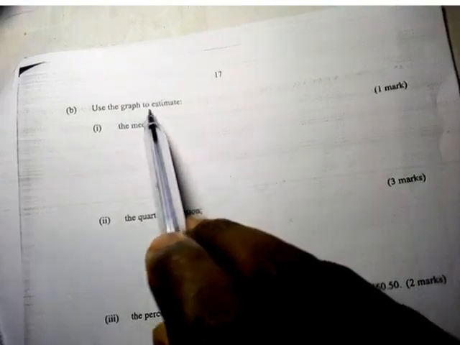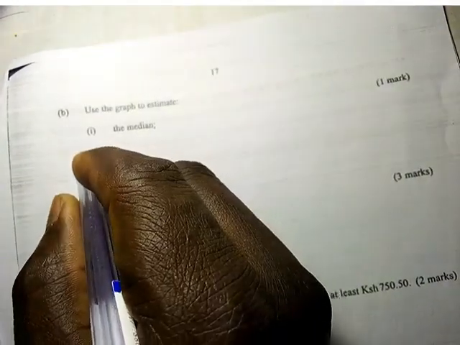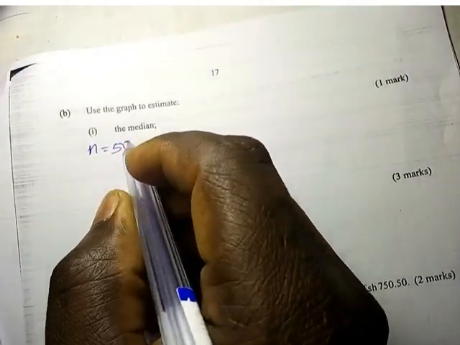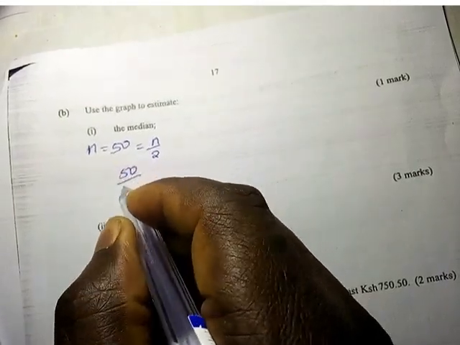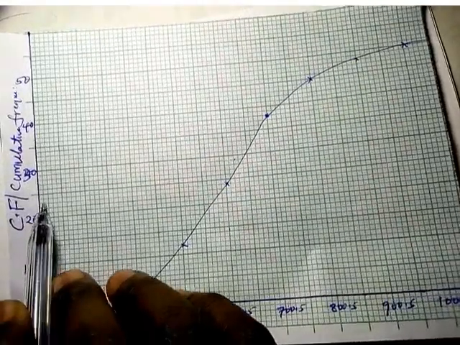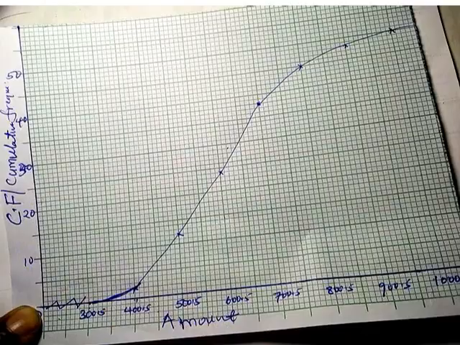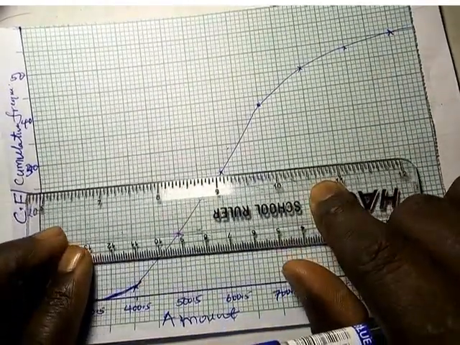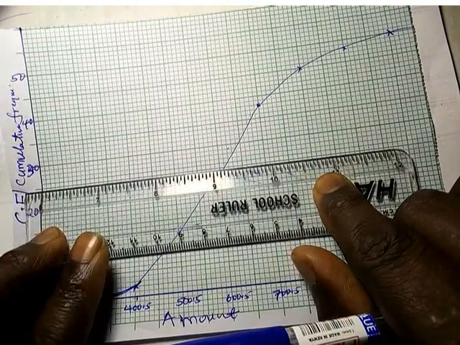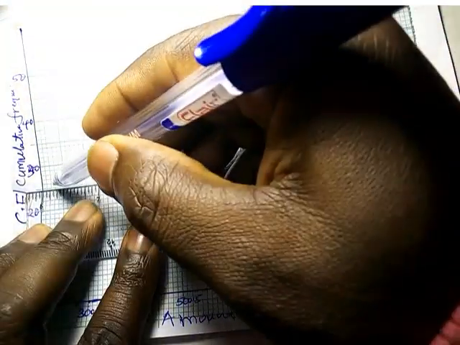Use your graph to estimate the median. So the median, our n is equal to 50. So median occurs when n is divided by 2. So that is 50 over 2, and that is 25. So tunaangalia at n 25. So 25 here, this is here. So we draw a dotted line. Using the graph lazima uchole hii line. So 25 is here. Uchole to the curve. Draw a dotted line like this.